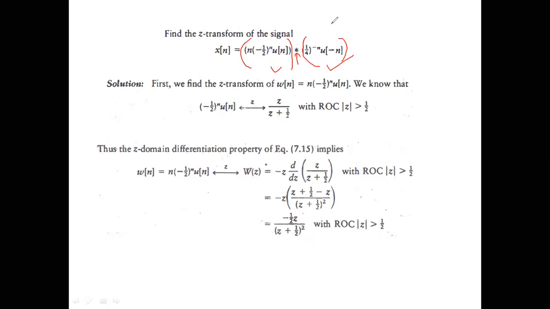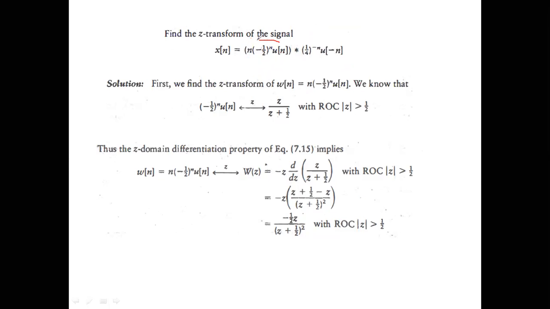Then the convolution turns out to be a simple multiplication. That is the convolution property of z transform: in the z domain, convolution turns out to be multiplication. That is the intention. So here, let us concentrate on the first problem.